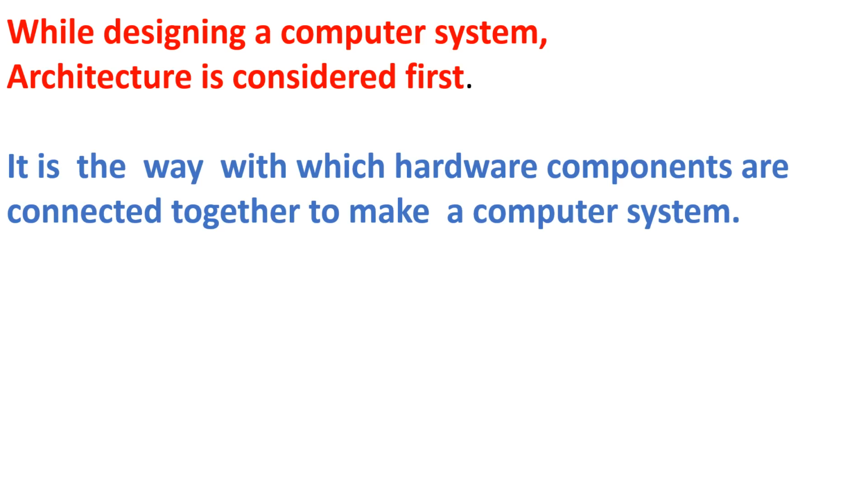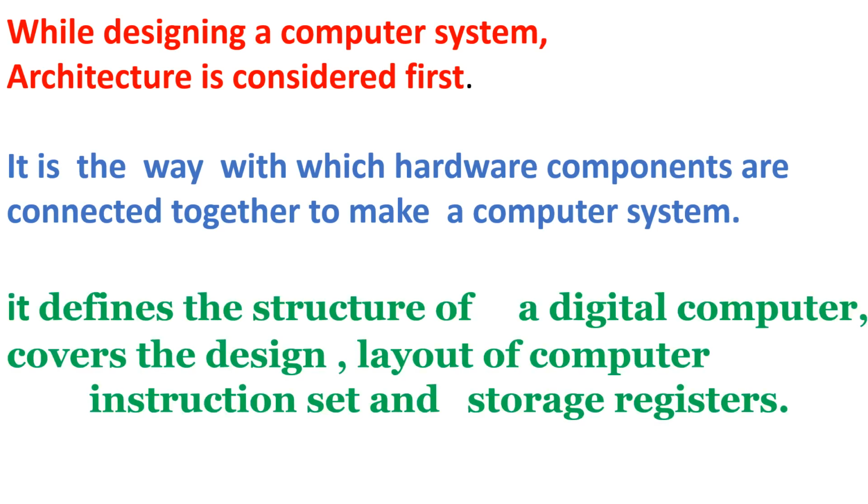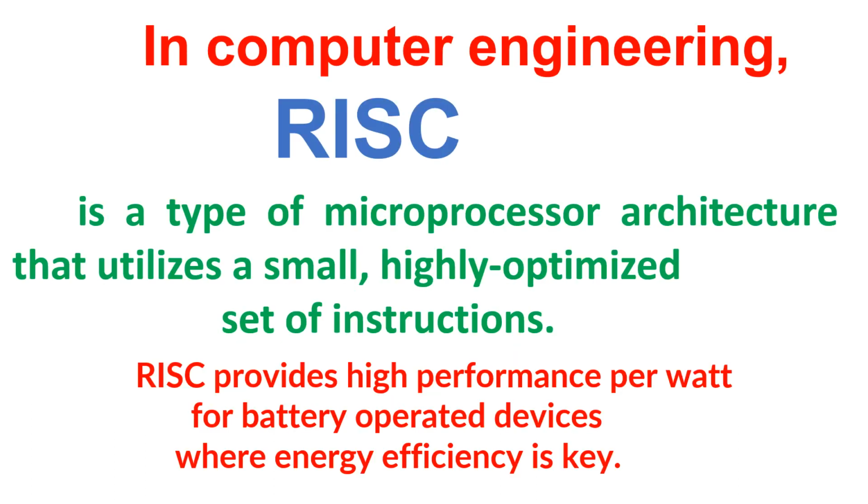Computer architecture is the way in which the hardware components of the computer are connected to make a computer system. It also defines the structure of a digital computer, and it covers the design and layout of computer instructions and their storage registers.